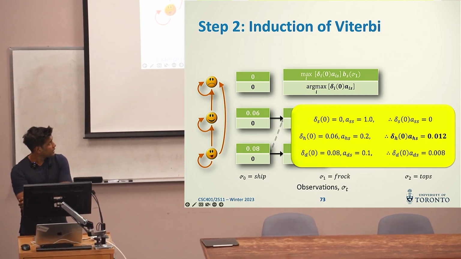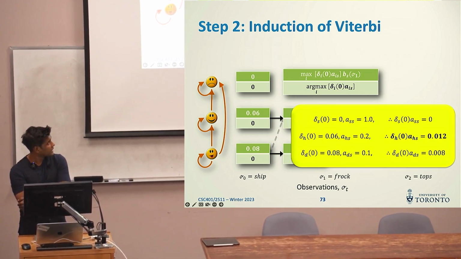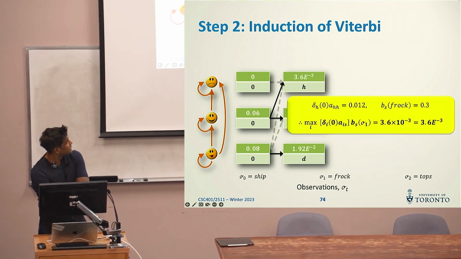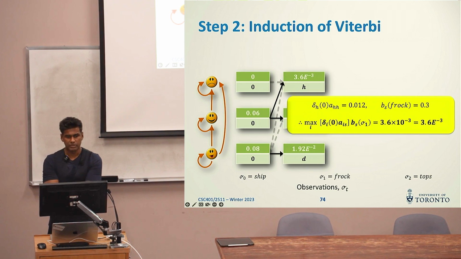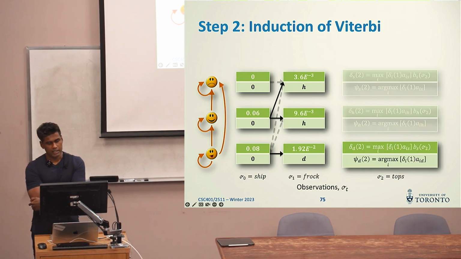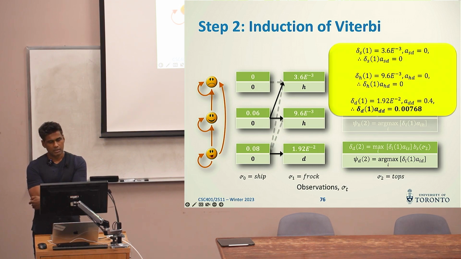We have a winner, and in this case, I think happy to sad is the winner. So we want to store happy here as the backtrace label. Very straightforward, and we can keep doing this. Then we calculate here, we're in state disgusted, time step equals 2.